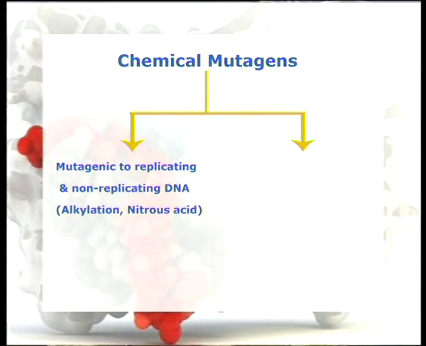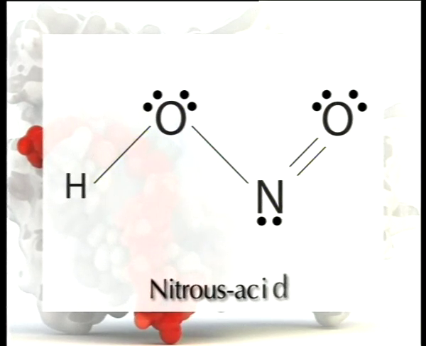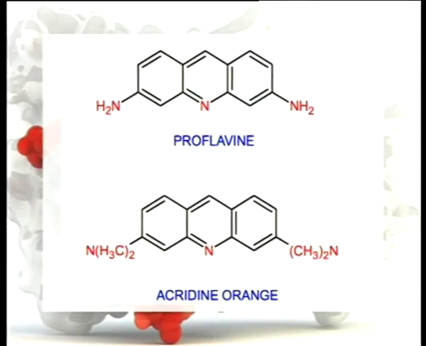Number one, those that are mutagenic to both replicating and non-replicating DNA, such as the alkylating agents and nitrous acid. And number two, those that are mutagenic only to replicating DNA, such as acridine dyes and base analogues.